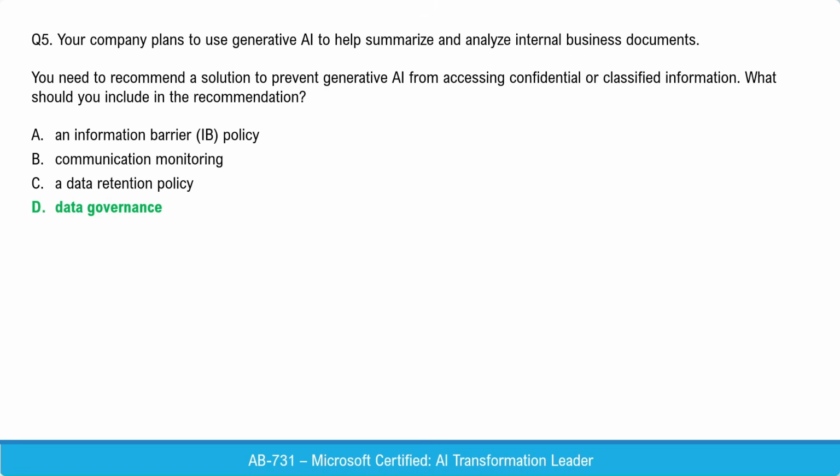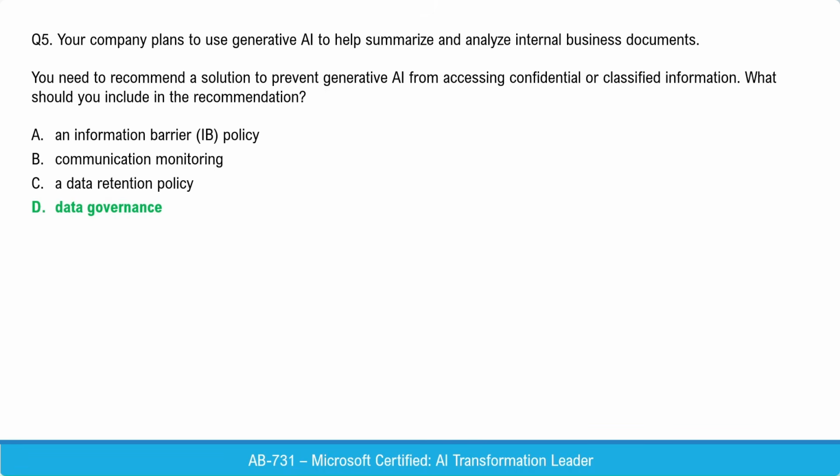It also enforces permissions, so AI systems such as Copilot only retrieve data that a user is already authorized to access. In addition, governance controls what data is even available for indexing. This prevents sensitive or outdated data from being surfaced by AI systems in the first place.